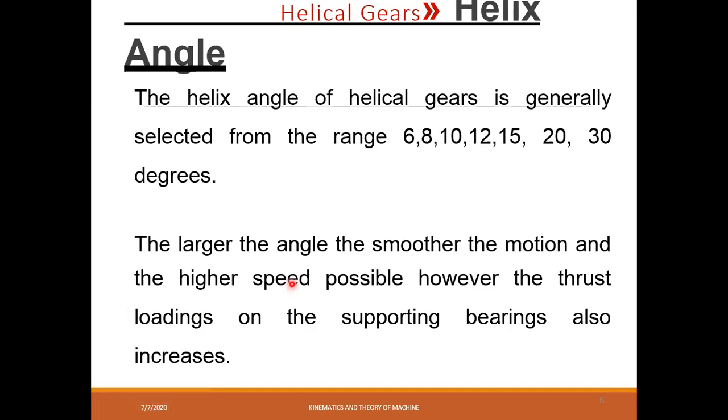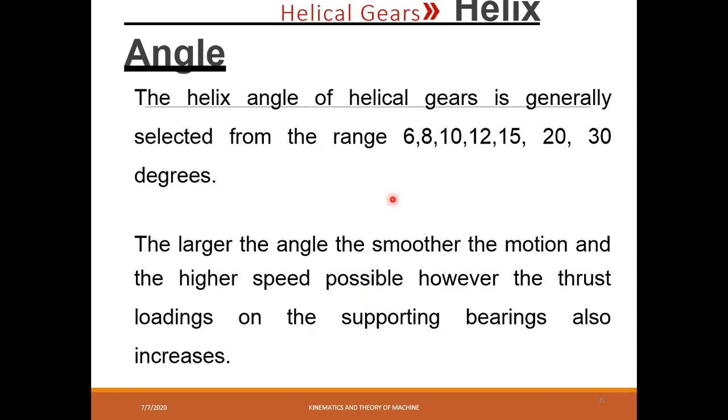So if we use a large helix angle, the operation is going to be smoother and higher speed is possible. As already discussed, due to the helix angle, the noise generation is less compared to the spur gear.